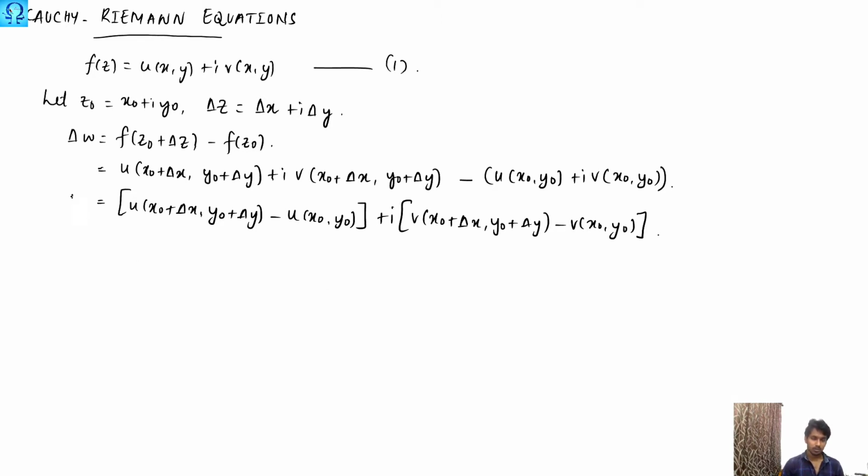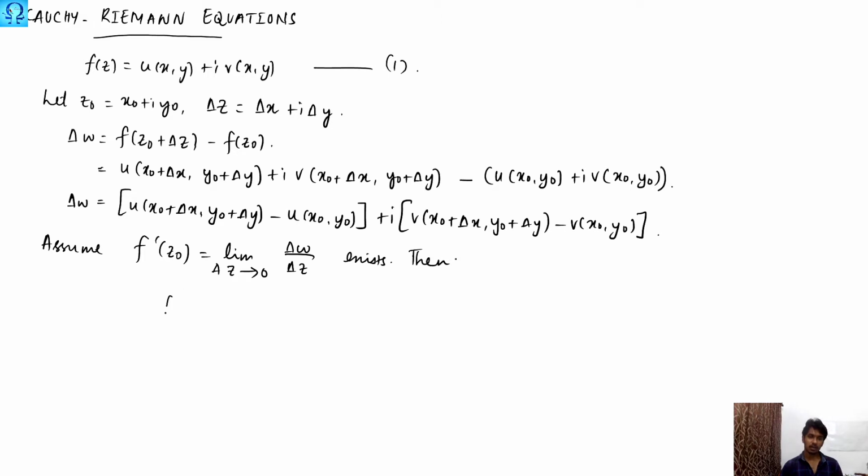Let this be there as it is. Now let us assume f prime evaluated at z naught, that is, the limit as delta z approaches 0 of delta w upon delta z, exists.